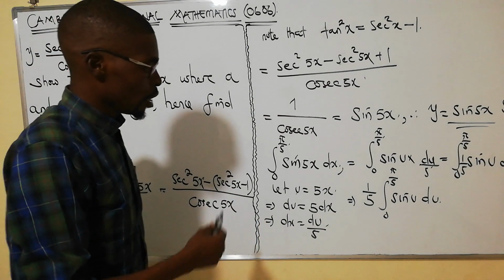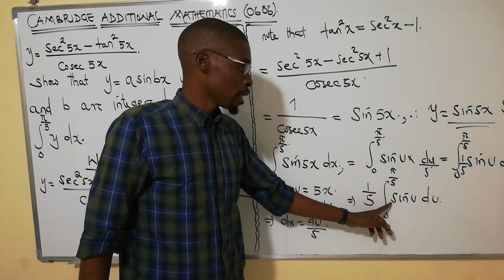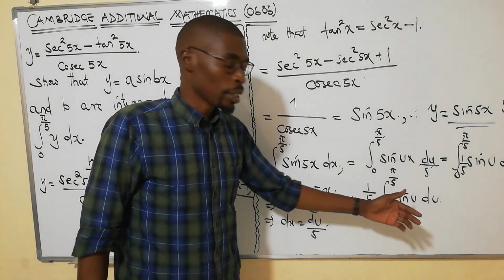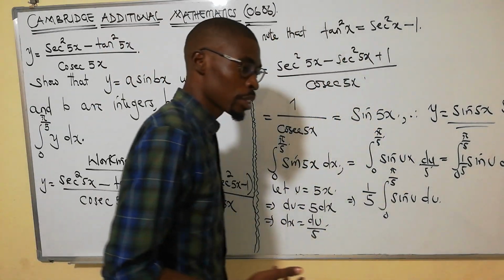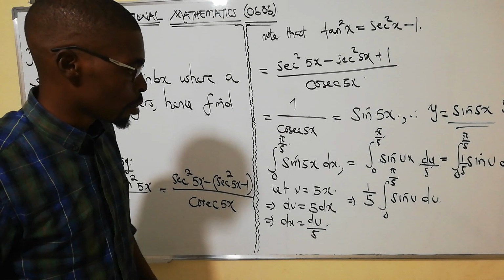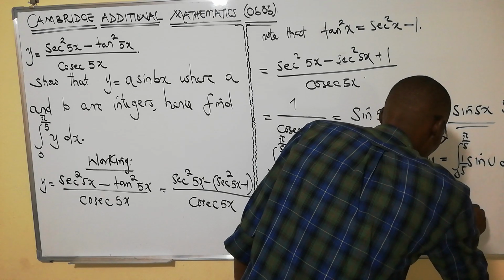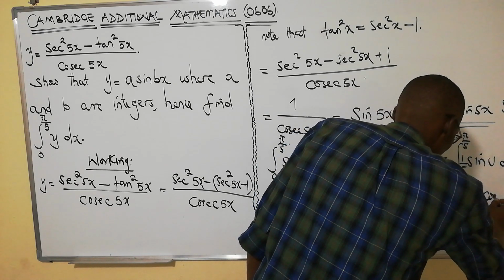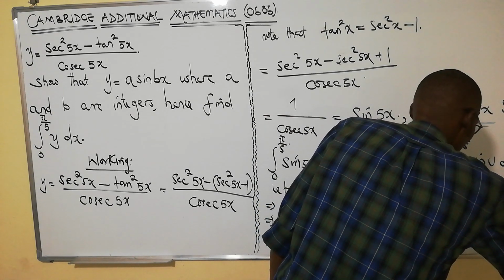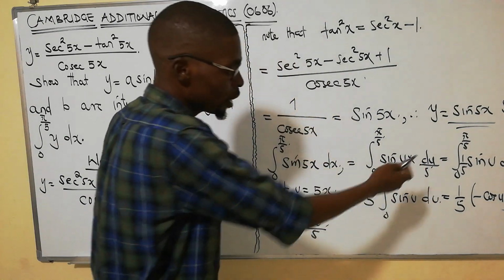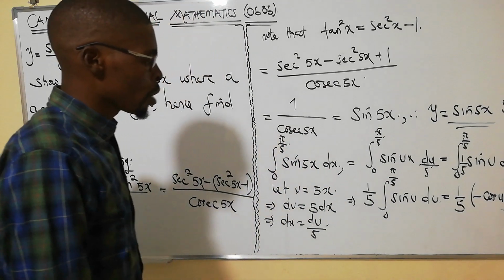Having done that, know that when you differentiate cosine, you get negative of sine. So integrating sine will give us negative of cosine, because integration is a reverse procedure of differentiation. So integrating sine u gives us 1 over 5 times negative cosine u, integrating from 0 to pi over 5.